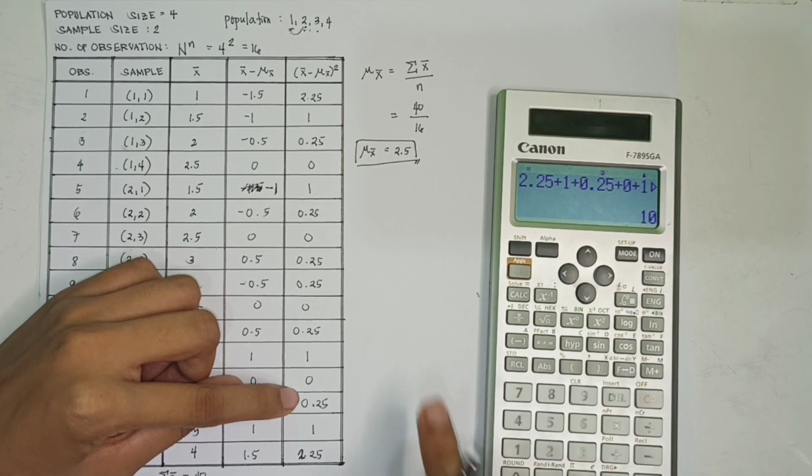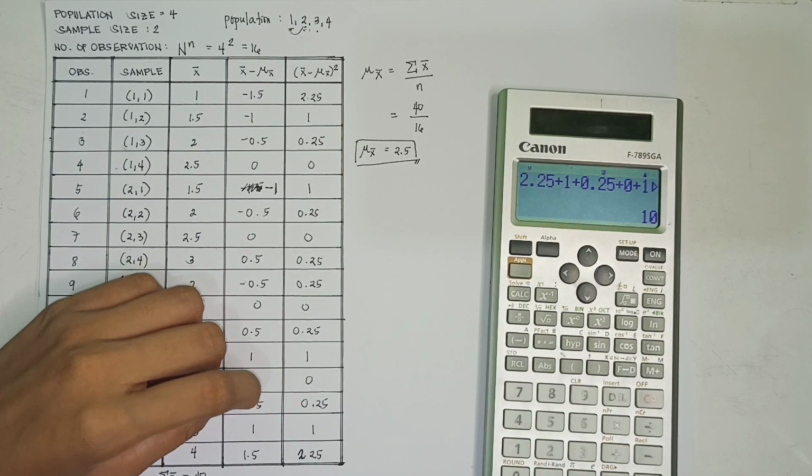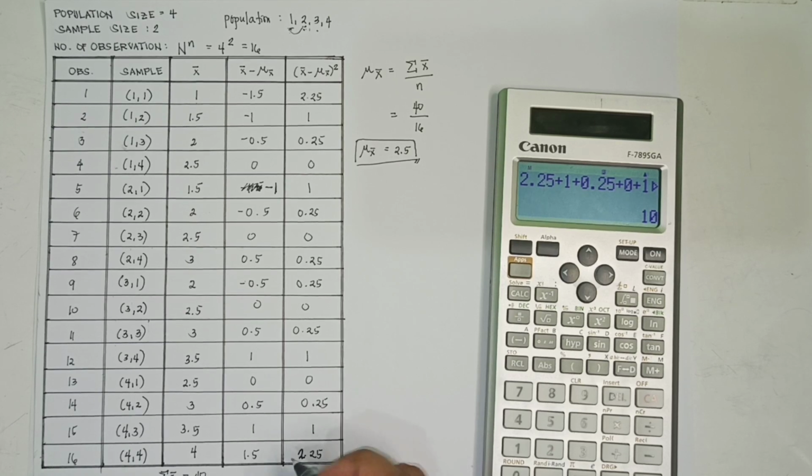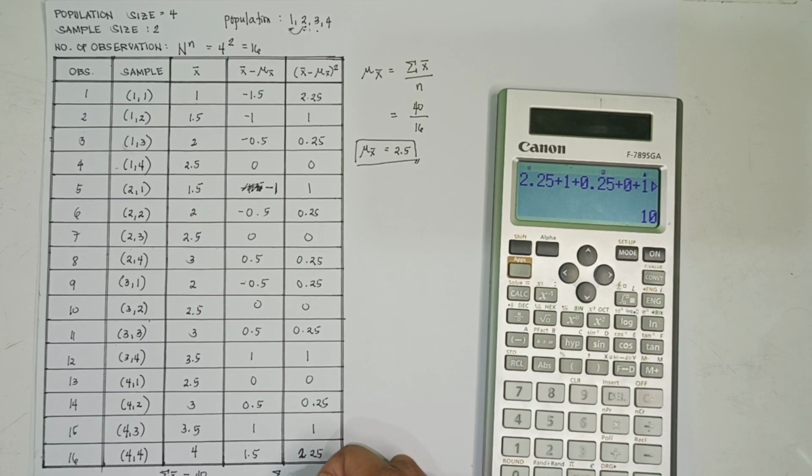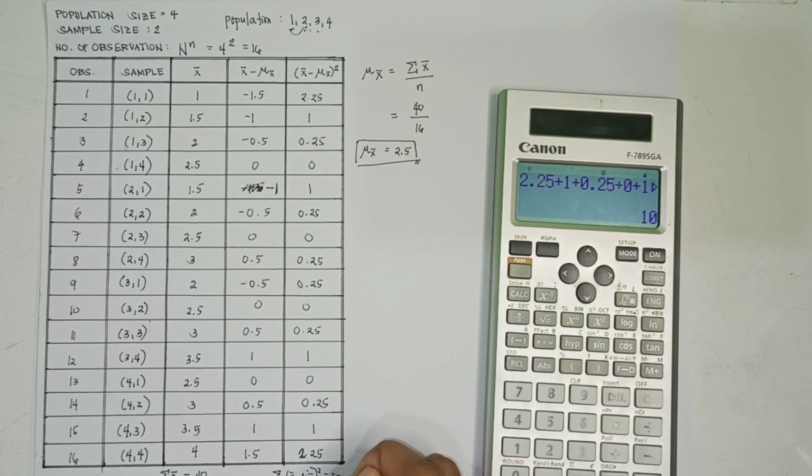And that is equal to, ayan, that is equal to 10. Okay, so yung summation of x bar minus mu sub x bar squared is equal to 10.